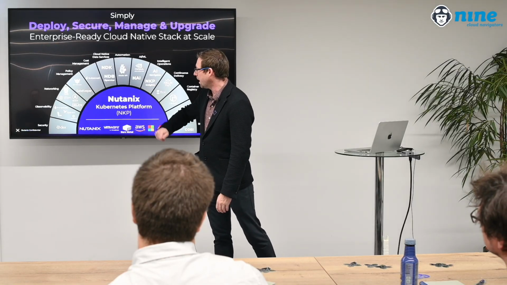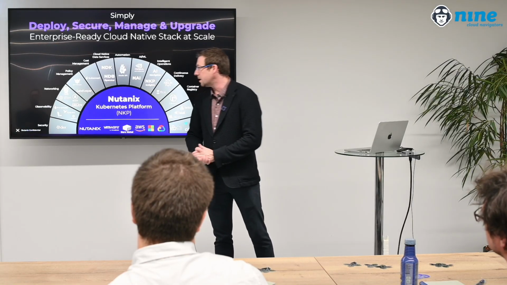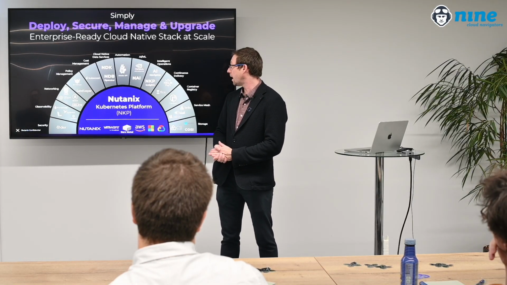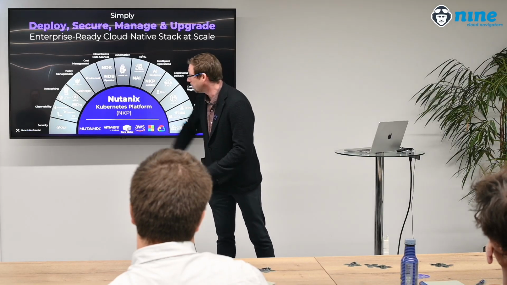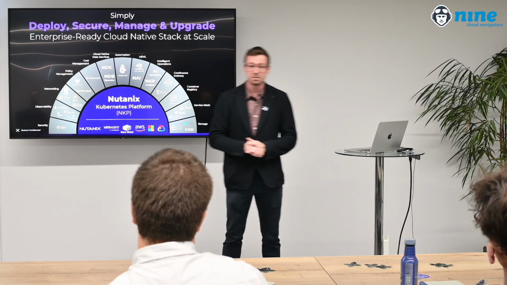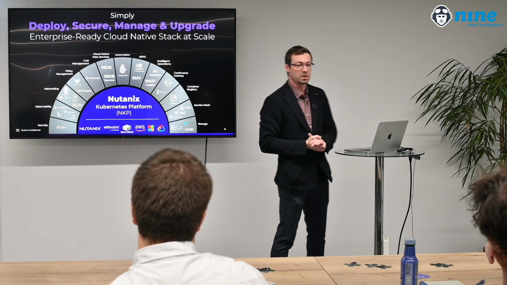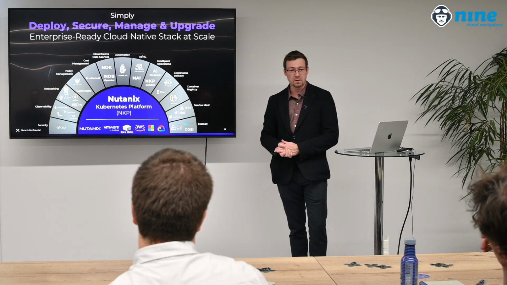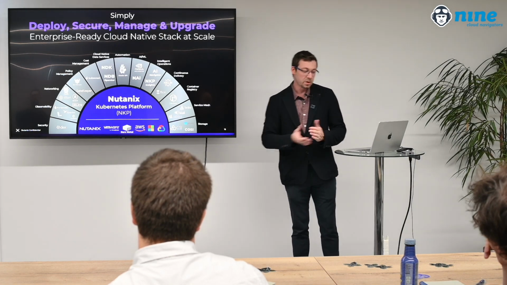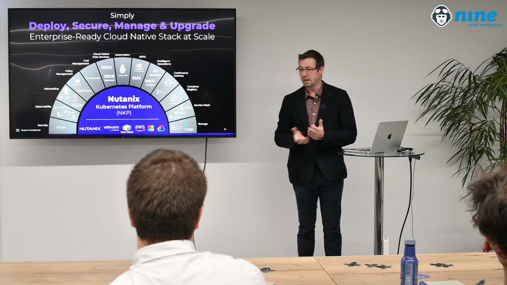If we do not have cost management in place, or we do not have, for example, Prometheus in place, we are running blind on our Kubernetes platform. We do not have logs, we do not have metrics.